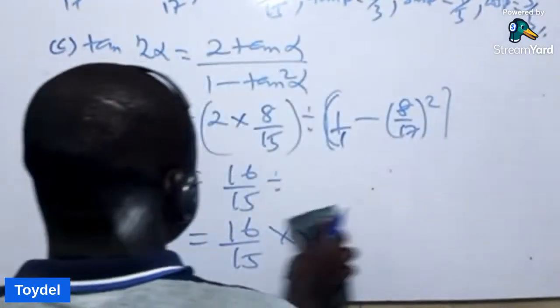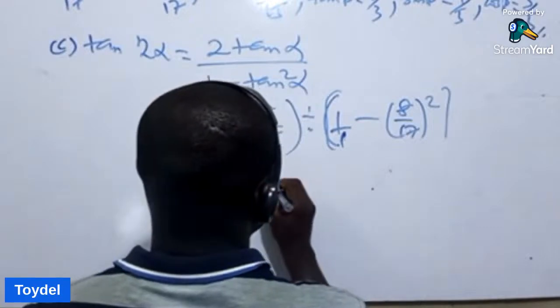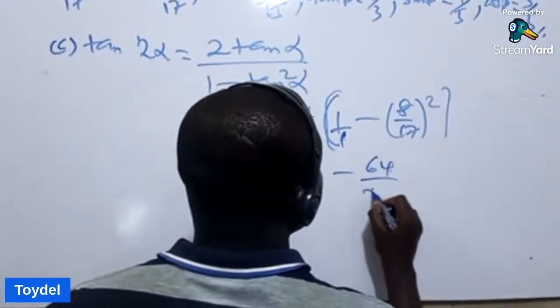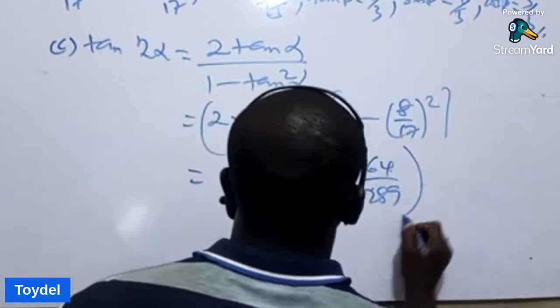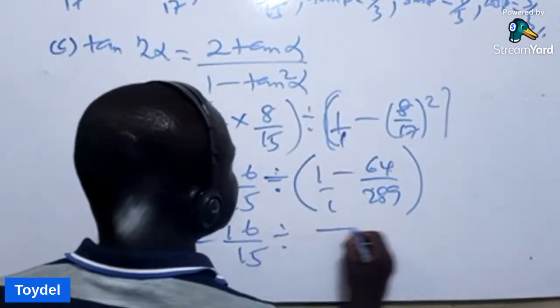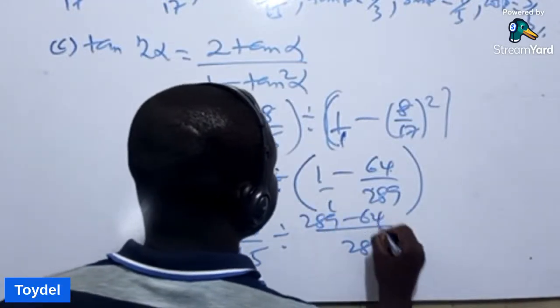Let me just do it stepwise so that there won't be any problem. Here, I'm going to have divided by 1 minus 64 all over 289. Then from here, we have 16 all over 15 divided by the LCM 289, 289 minus 64.